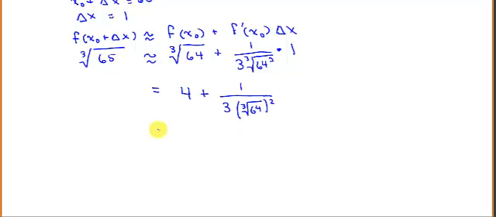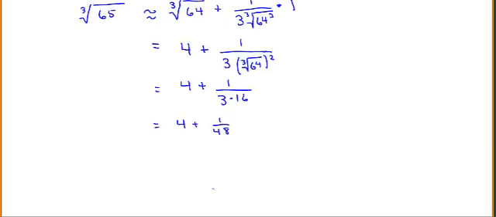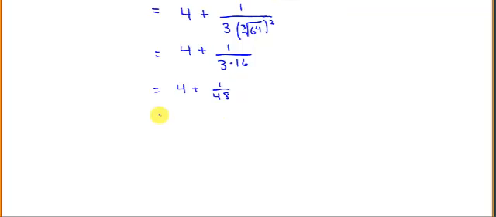So this is going to be 4 plus 1/3 times, well, the cube root of 64 is 4, and when I square it, I'll get 16, so 3 times 16, that would be 4 plus 1/48.